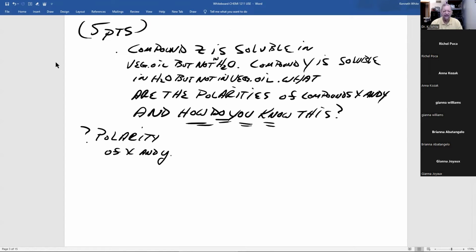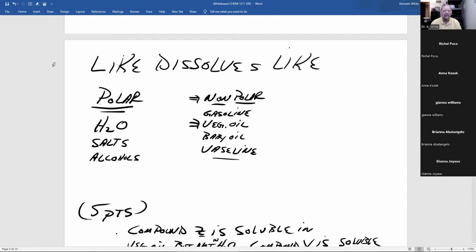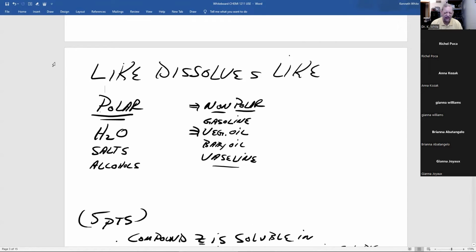Now, we're given compound Z is soluble in vegetable oil. And if we go back up here, vegetable oil is nonpolar. And because like dissolves like, things that are nonpolar are soluble in nonpolar things. Things that are polar are soluble in polar things. When you mix the two together, they're not soluble.